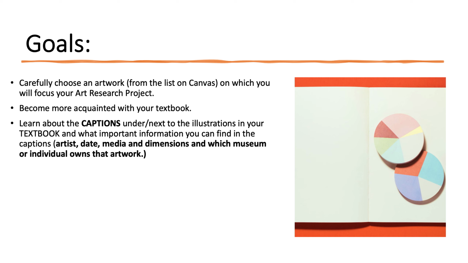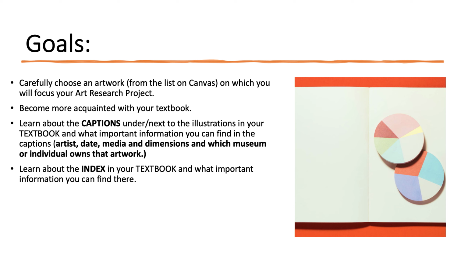That information will usually list the artist, the date, the media and dimensions, what the artwork is made of and how big it is, and which museum or individual collection owns that artwork.